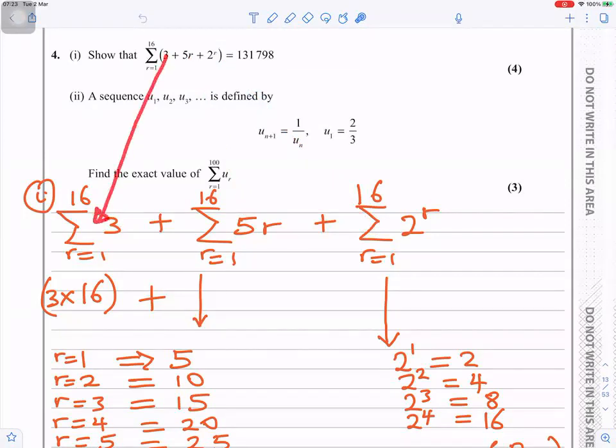You separate it, because we are adding them, and we are separating them to make it easier to manipulate. So for the first one, from r equals 1 to 16, it's just the same as 3 times 16, because it's like writing 3 sixteen times. 3 plus 3 plus 3 plus 3 plus 3, 16 times. So you just do 3 times 16 for the first one.